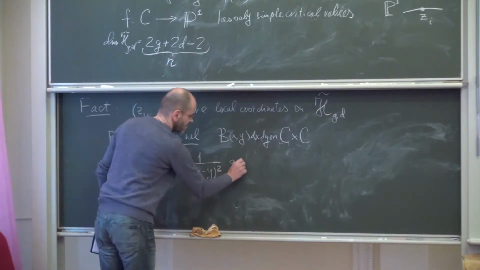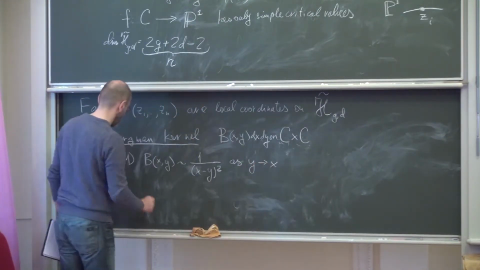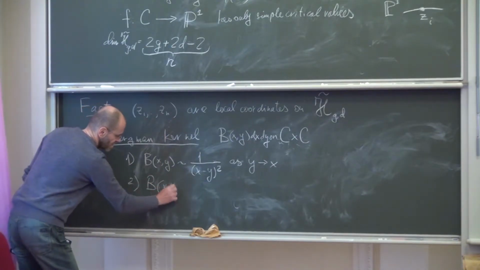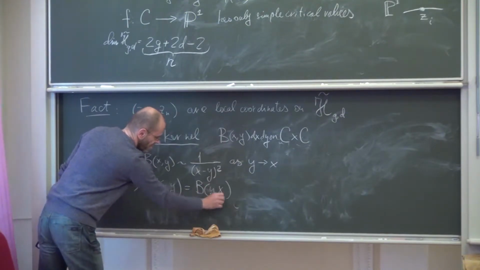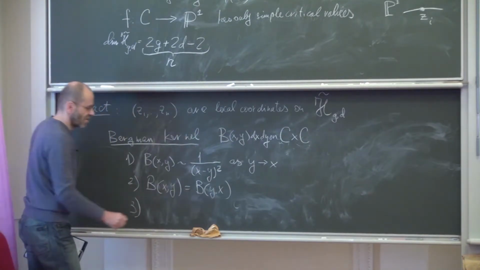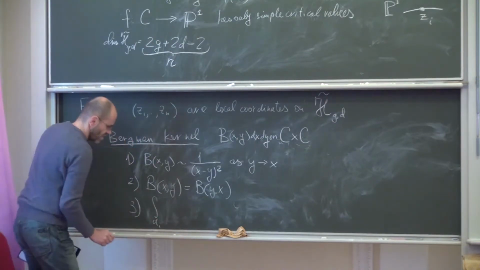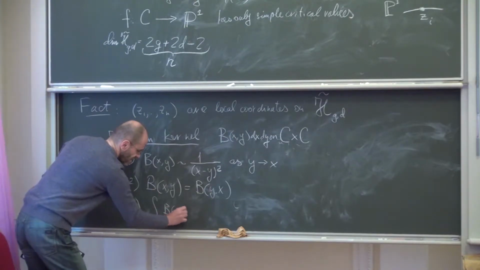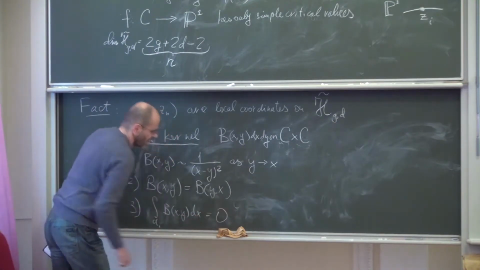This is as y tends to x. Its second property is that it's symmetric. And the third property is that its A periods are all 0. The integrals over A cycles of B(x,y) with respect to the first variable are 0.